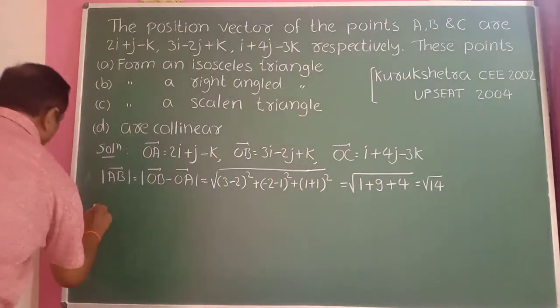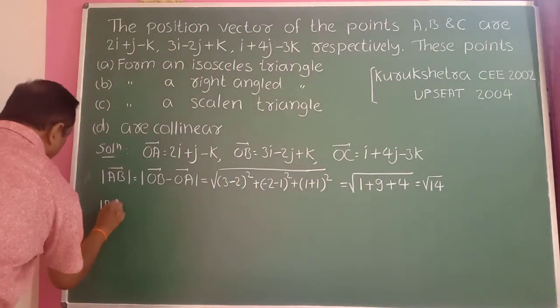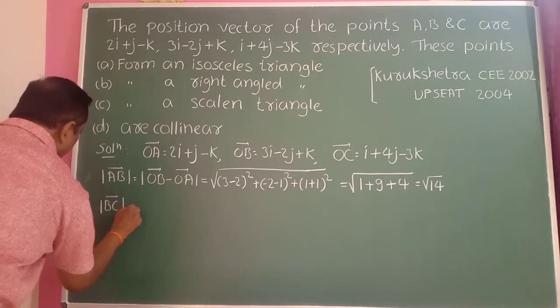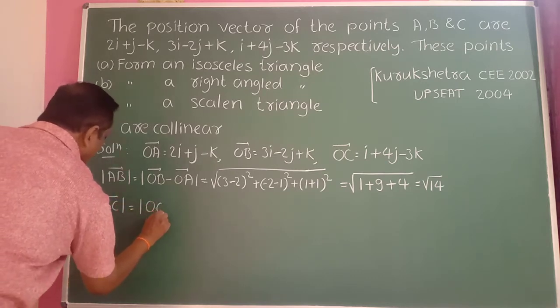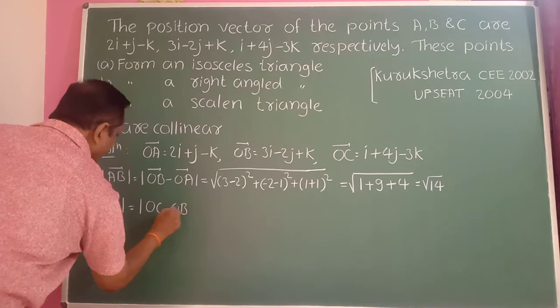Next, modulus of BC. That is OC minus vector OB.